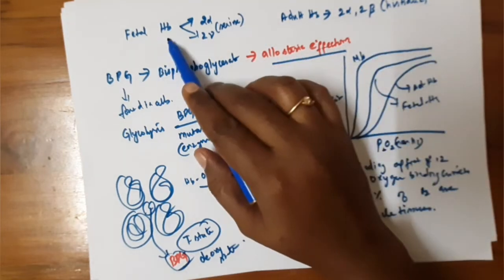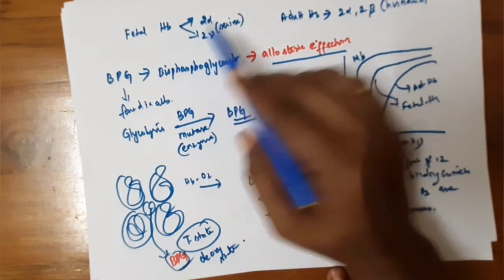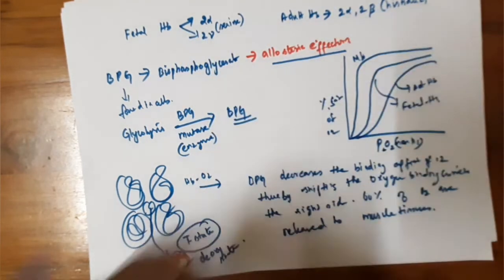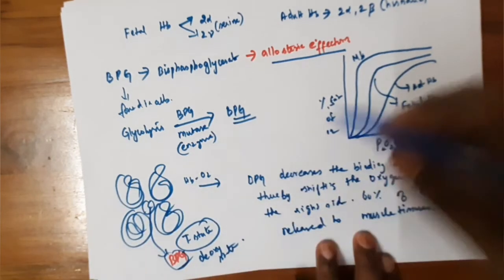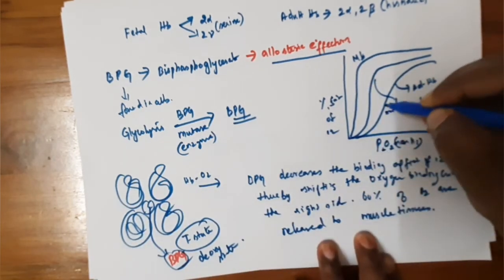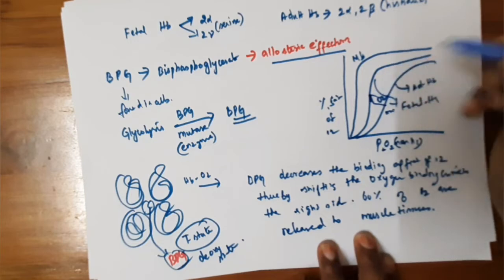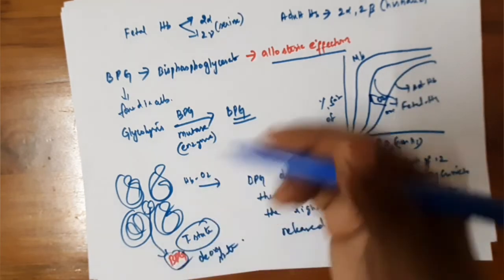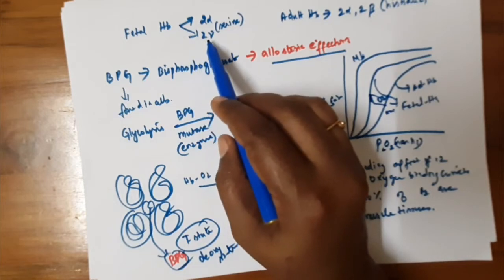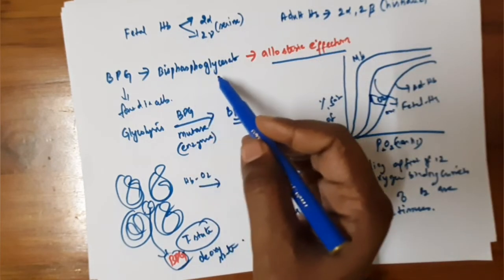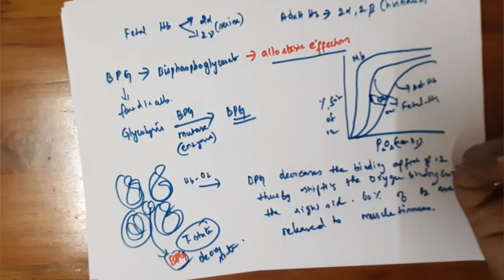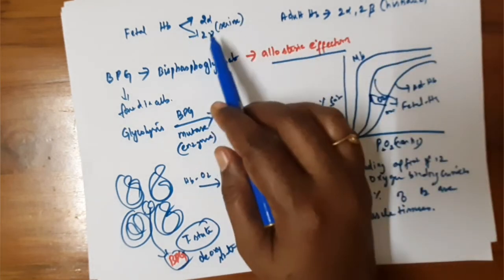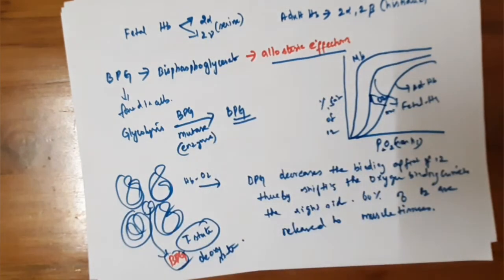So the fetal hemoglobin gets the dioxygen from the maternal adult hemoglobin. It binds the oxygen very effectively because there is no bisphosphoglycerate.